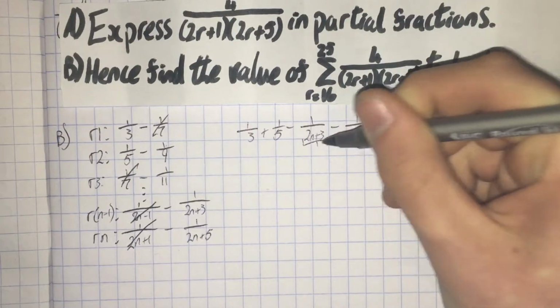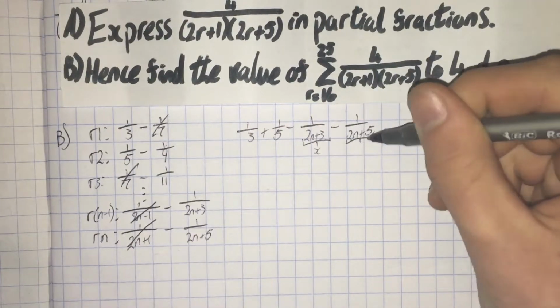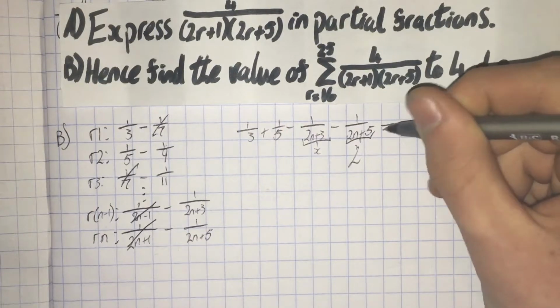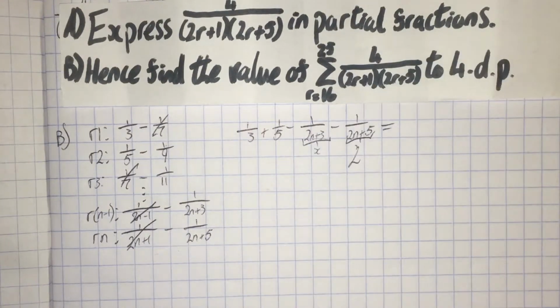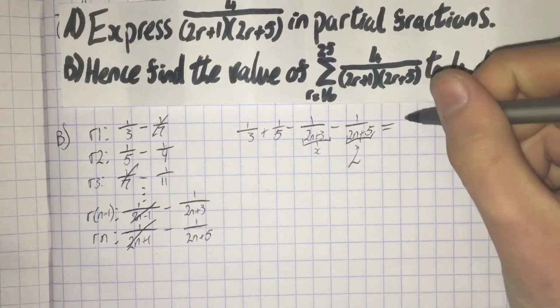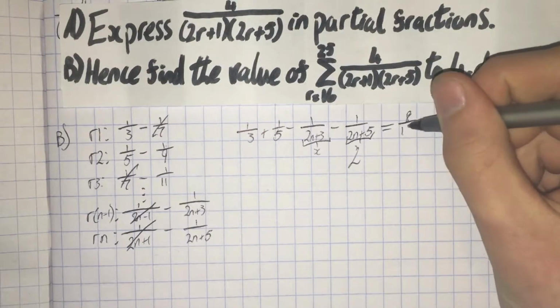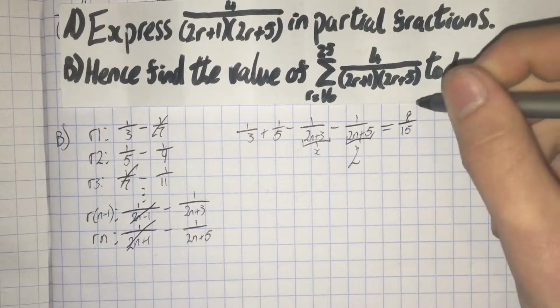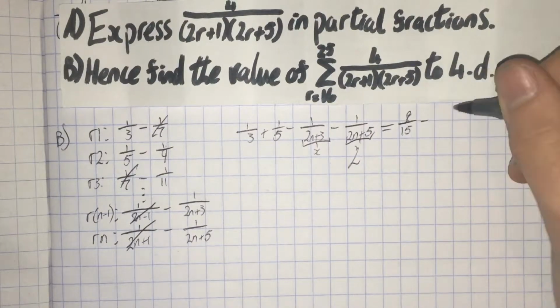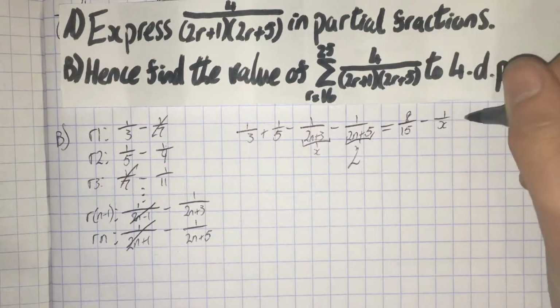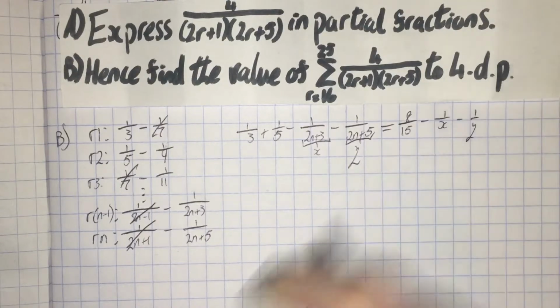So we shall dub this x, we shall dub this y, and that will give us a third plus a fifth. So if we just do some timesing and some adding, we shall find that equals 8 over 15, and then we shall have minus 1 over x minus 1 over y.